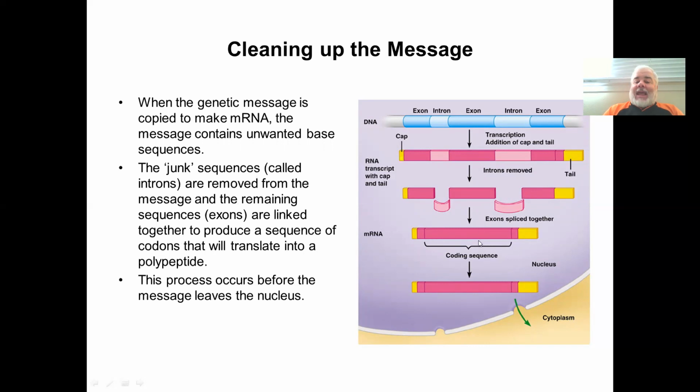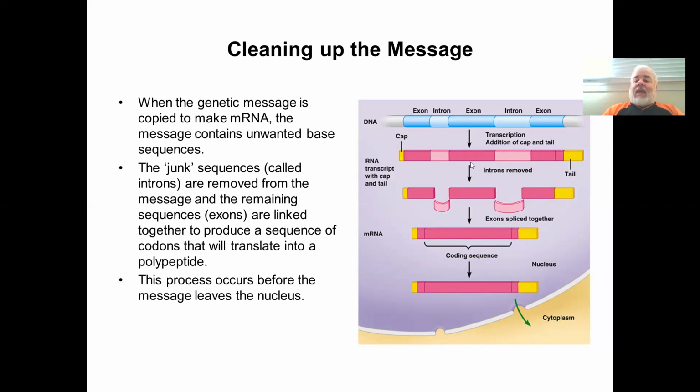And here's my actual finished messenger RNA. A lot of people think the messenger RNA is an exact copy of the DNA, and it's not. It is highly modified in many cases, sometimes not, but it can be very modified and not the same. And once it's modified, that's your messenger RNA. I'm not going to get into introns and exons on the test.